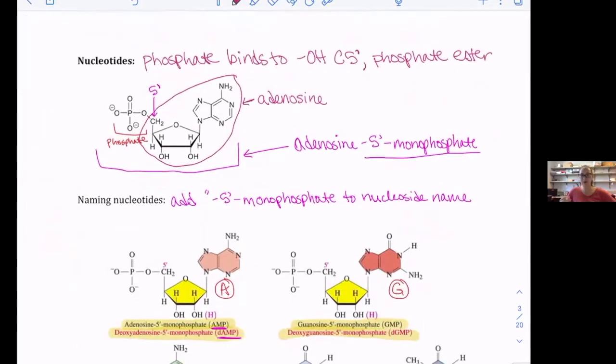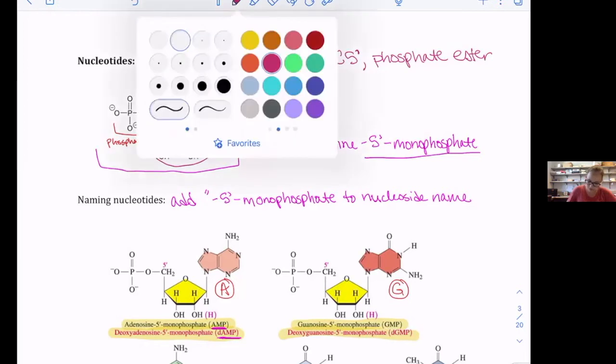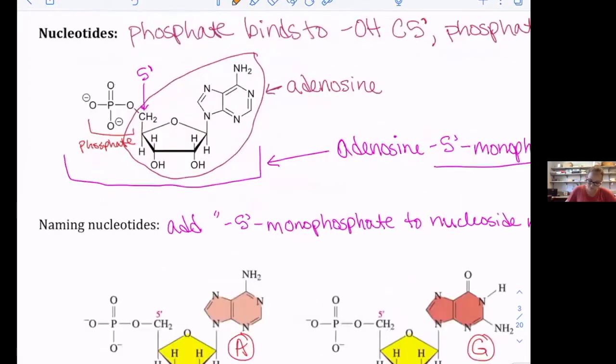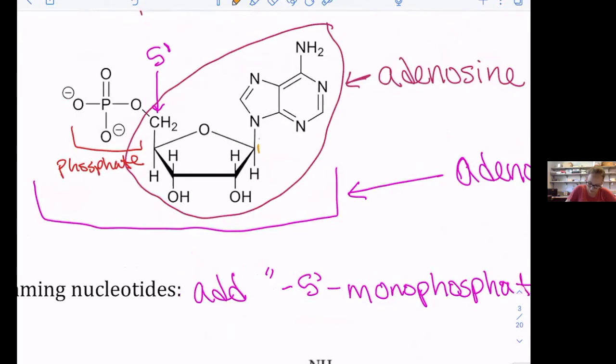Okay, so then if we're going from a nucleoside to nucleotide, what we're going to do is have a phosphate binding to the OH at the C5' position of the sugar. So that is this position here. If you remember, we number 1', 2', 3', 4', 5'.